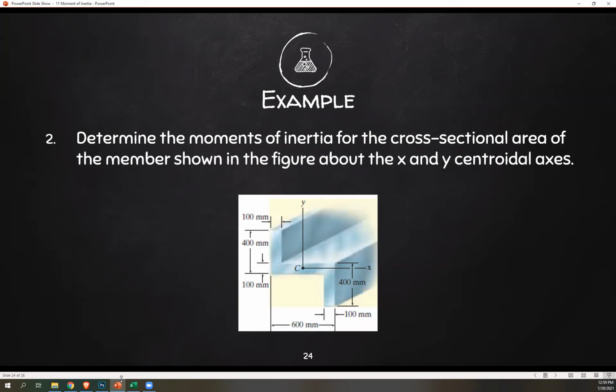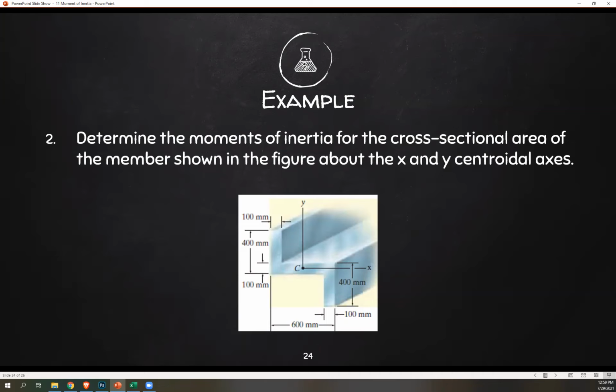So we're looking for 2 things: the moment of inertia about the centroidal x-axis, and the moment of inertia about your centroidal y-axis. So we have this figure. We're only concerned with the cross-sectional area. So it's this. This is an odd shape, right? But you can divide it into regular shapes, specifically rectangles.